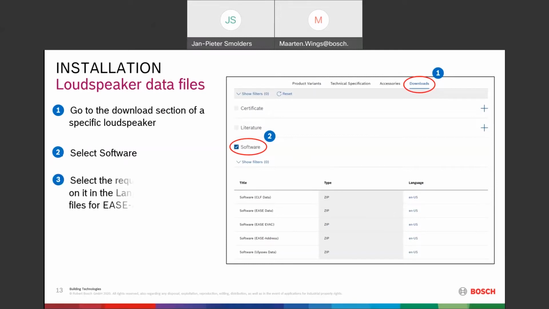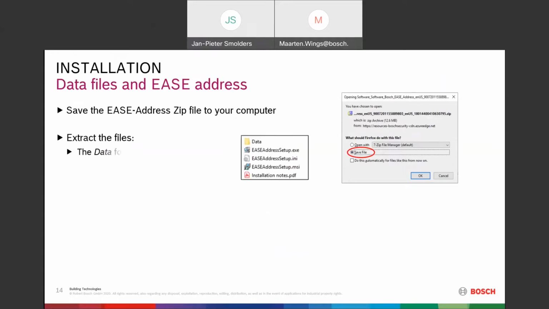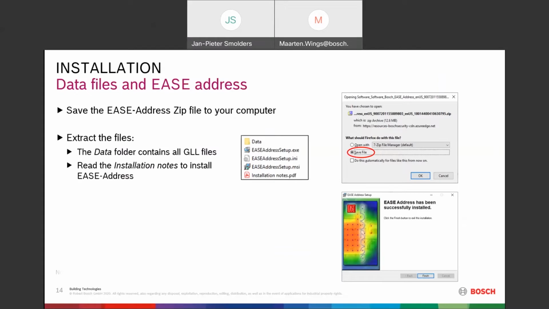And for EASE Address, we will select the zip file. Here on the right, just click on the language, and you will download a zip file. You can save that zip file on your PC, extract the files, and then you will have a data folder.